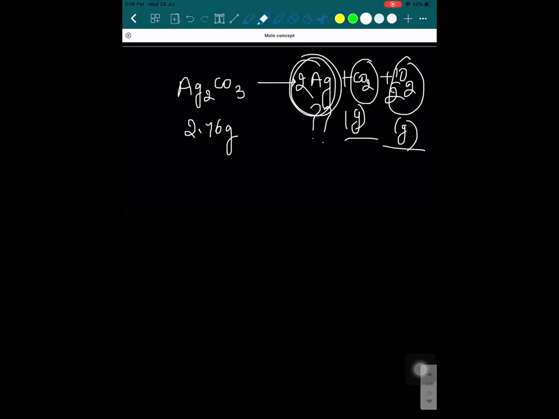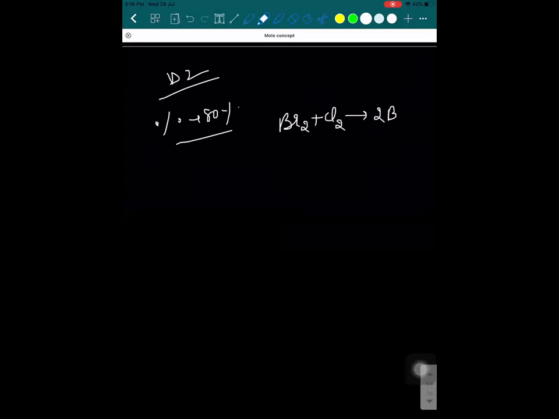Part 1, section D, D2. D2 is the percentage yield for the following reaction. Percentage yield is given as 80%, which means we are getting 80% of the product. Br2 plus Cl2 forms 2 BrCl.